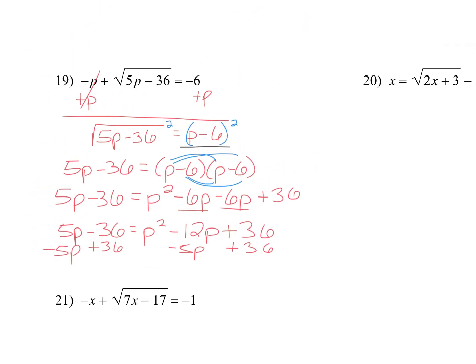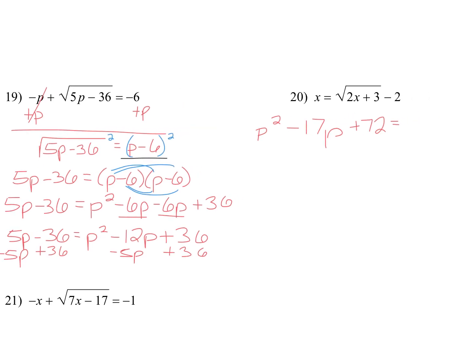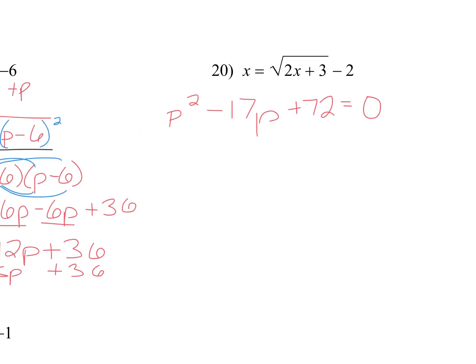Let me come up here. So we get negative 5p, nope, sorry, p squared minus 17p plus 72. And then it's all equal to what? 0. Yep.